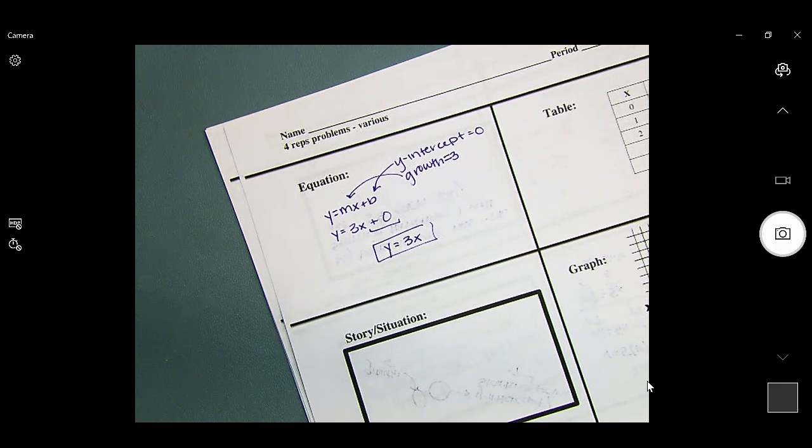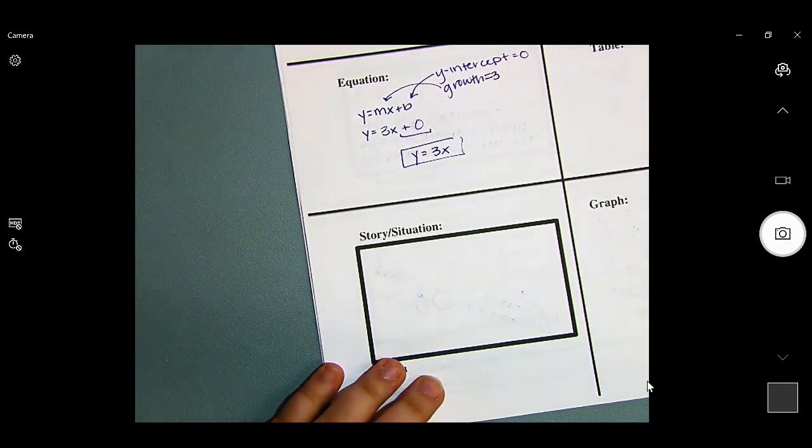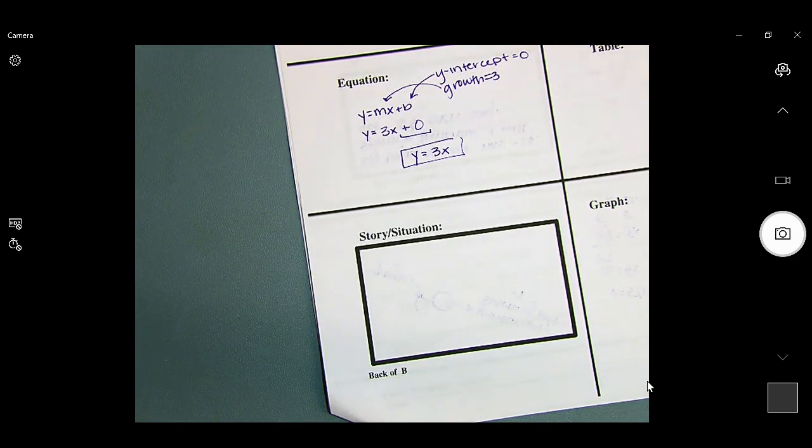Okay, so let's go ahead and do our story problem. In this one, I'm starting at 0 and I'm going up by 3. There's a lot of different things that we could come up with for this one. It could be gaining points in a game every minute.